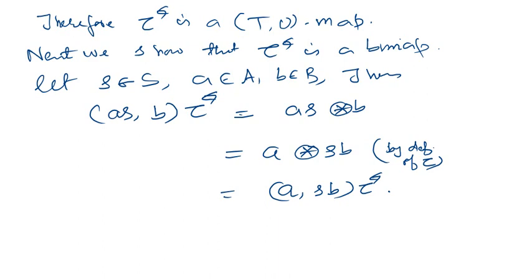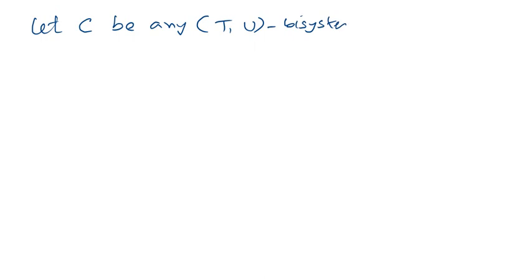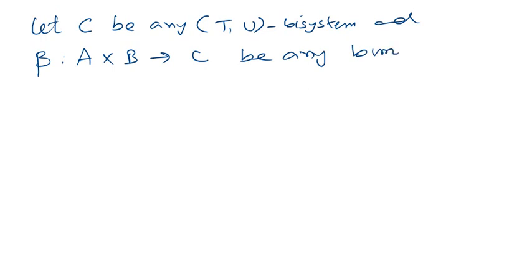Okay, so let's take any TU system and any bimap. Let C be any TU system and beta from A cross B to C be any bimap. Now you have to define beta tilde.